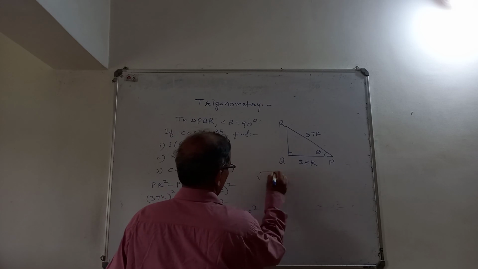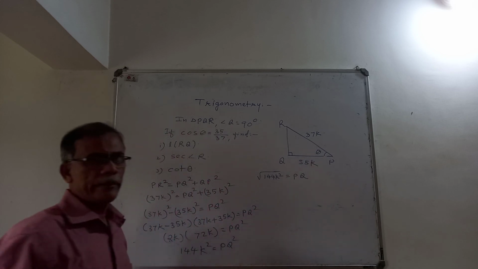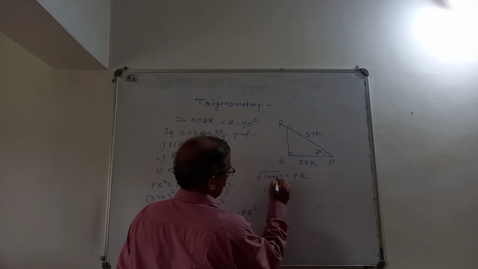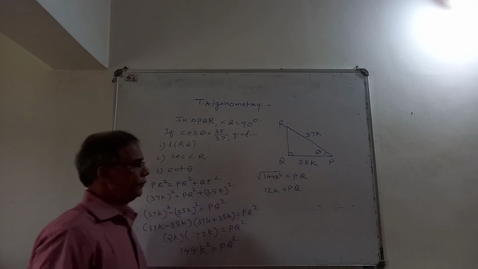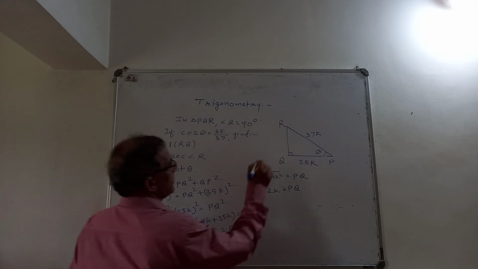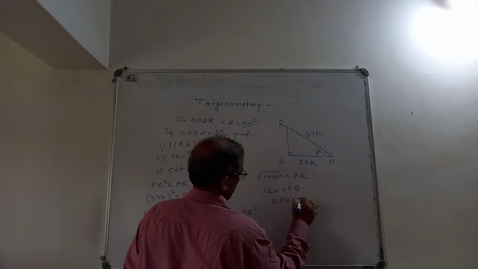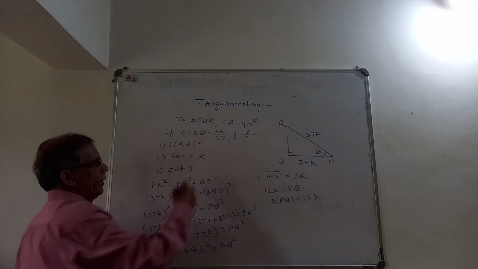Root of 144K square is equal to PQ. The square root of 144 is 12, and the square root of K square is K. So length PQ is equal to 12K.